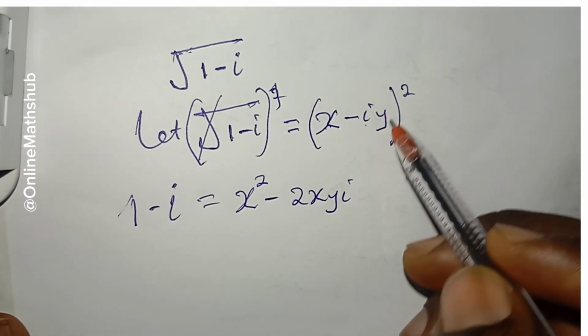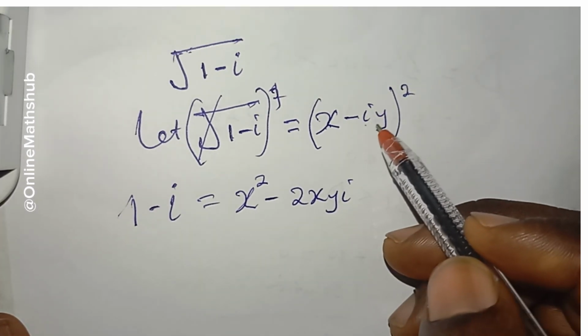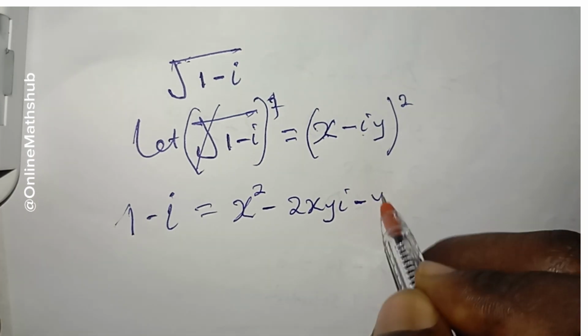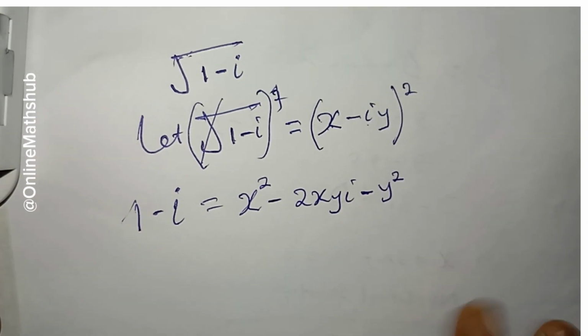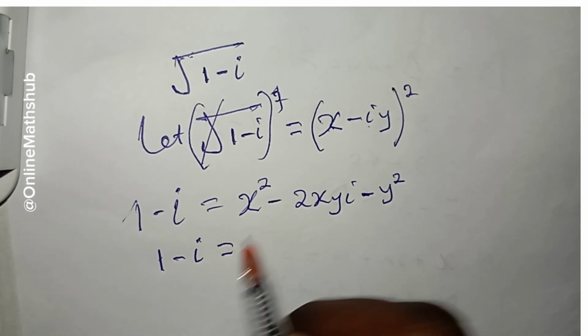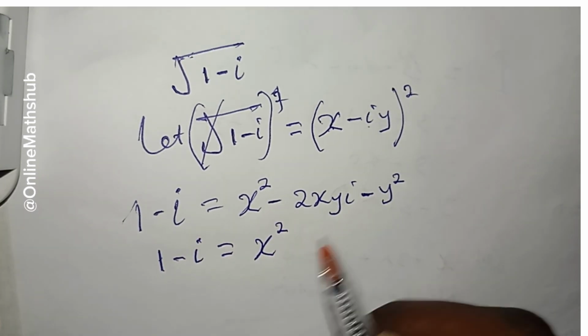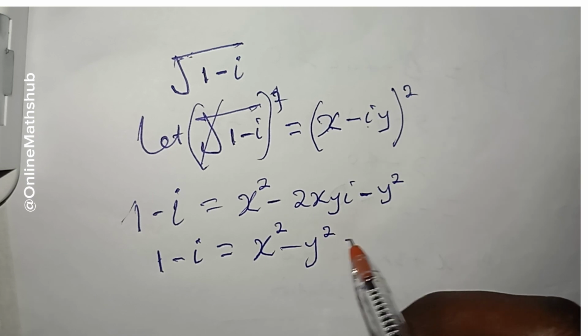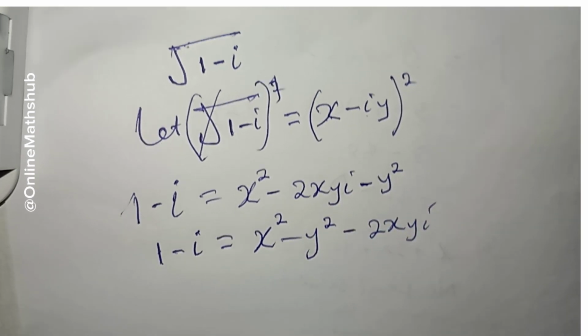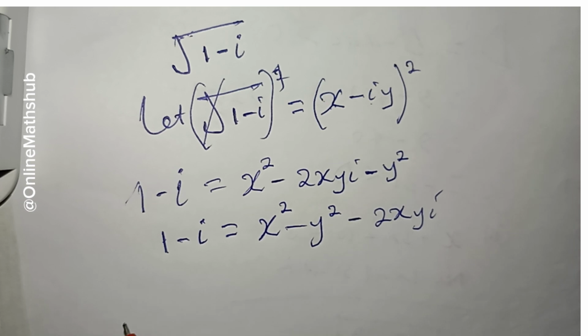Then I will also use minus iy to multiply itself, and I'm going to have minus y squared. So obviously you can see that 1 minus i is equal to x squared minus y squared, and then minus 2xyi.